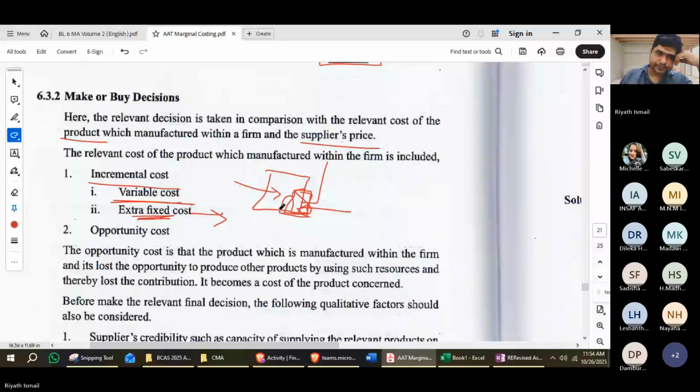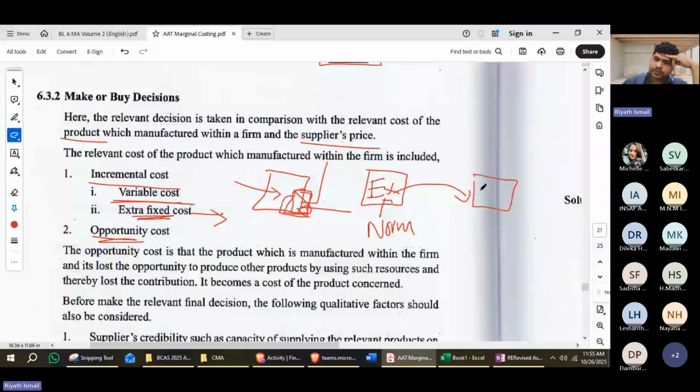And the opportunity cost, right? Opportunity cost means sometimes you may use this existing machine for a particular product, your normal product. Now you are going to use this existing machine for a new product. Then if you use this machine for a new product, you have to stop some of the existing product.